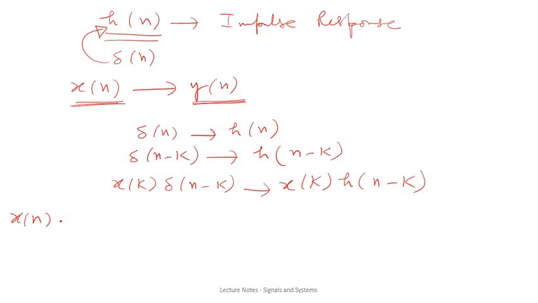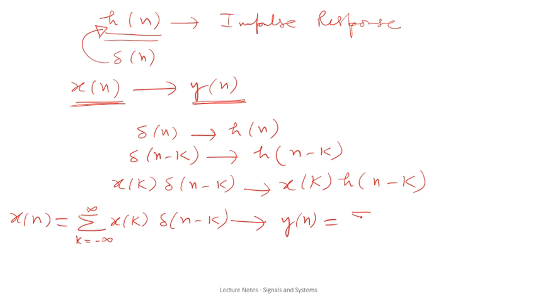If the input is this x[n], which we represented in the previous slide in compact form as the summation of x[k] delta n minus k, then the output will be y[n], the summation over k from minus infinity to infinity of x[k] h[n minus k].